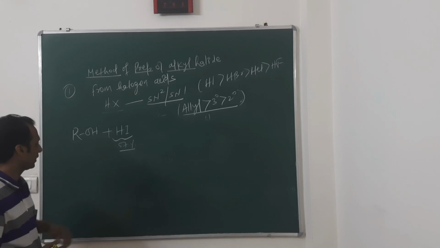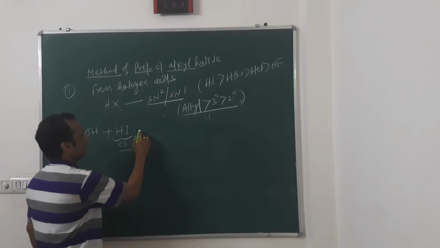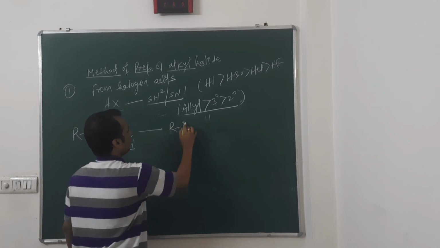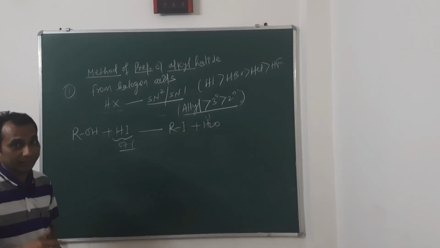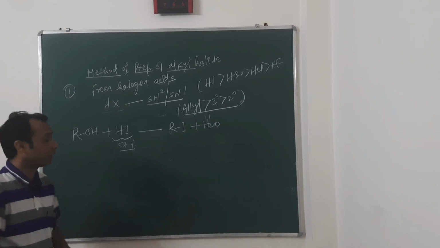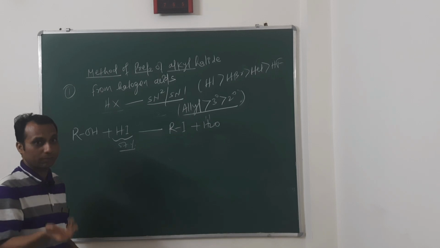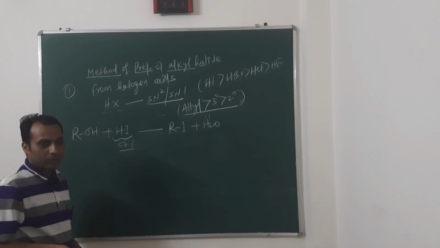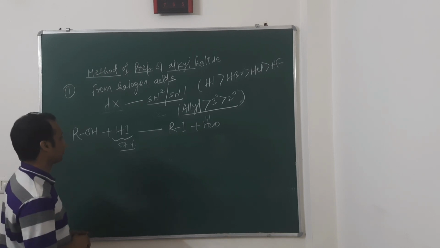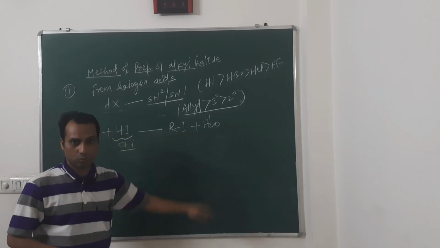So simply you can say that the alcohol reacts with HI directly, and that will form alkyl iodide plus water.